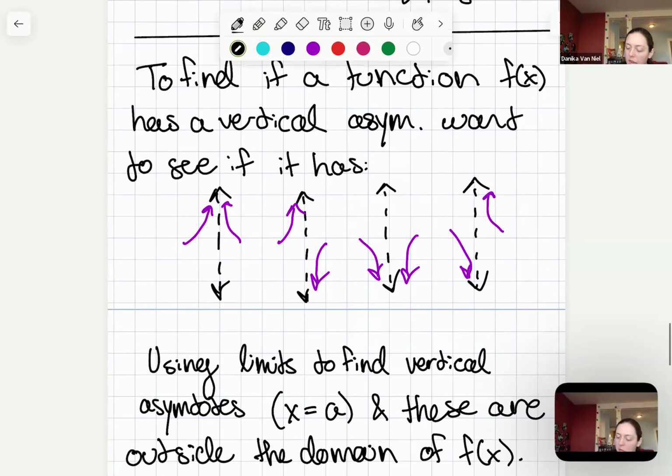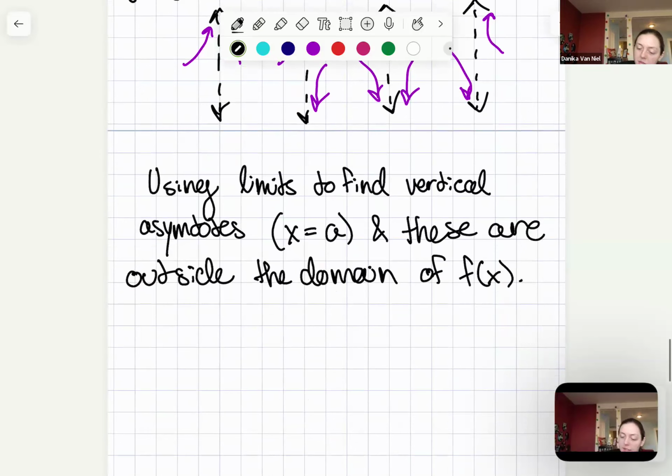But x equals a has to be an a that's not infinity. X equals infinity doesn't really make sense. The only reason limit equals infinity makes sense is because a limit is talking about where we're heading towards, because infinity is not a fixed number, neither is negative infinity.